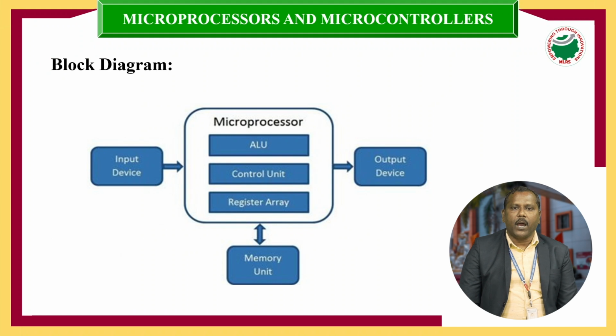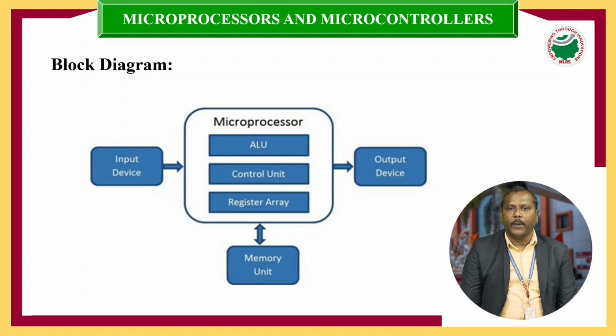So next coming to block diagram. This is the basic block diagram of microprocessor. Microprocessor is a small CPU which is used to perform arithmetic and logical operations. It consists of ALU, control unit, register array.